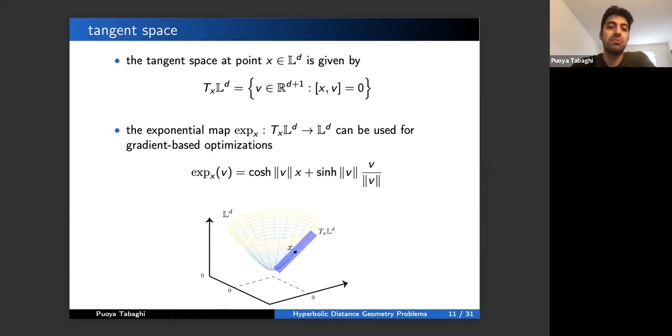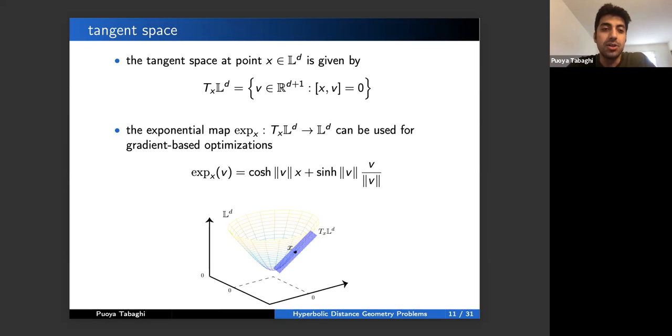If anybody wants to implement a learning method that is gradient based, then you need to know how to move on this manifold, and the way you move is you move in the tangent space and then you project back to the Loid model, and this projection is called the exponential map, where you project a vector in the tangent space at x to the Loid model. And this is the expression for it. All of these norms and everything, again, are with respect to that Lorentzian inner product. So the Loid model, in a nutshell, is fully characterized by Lorentzian inner products.